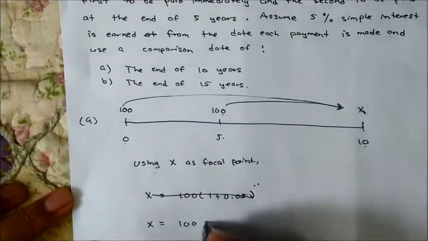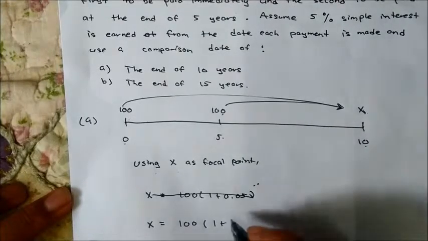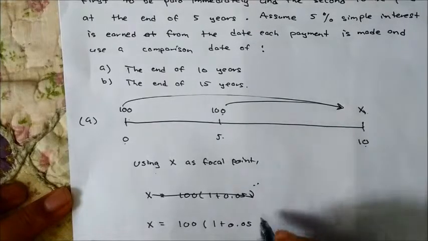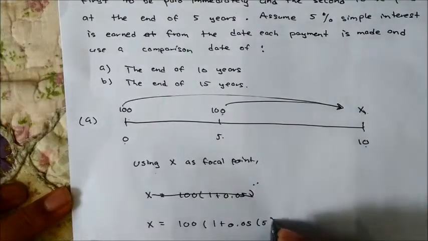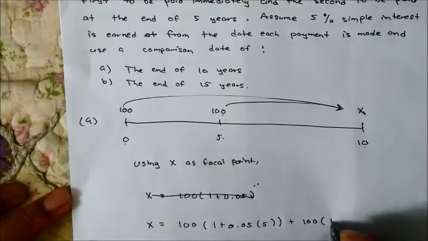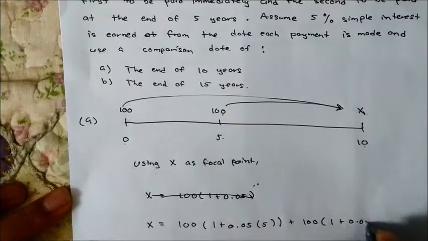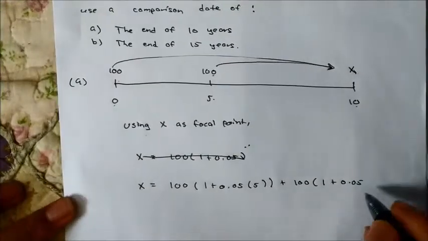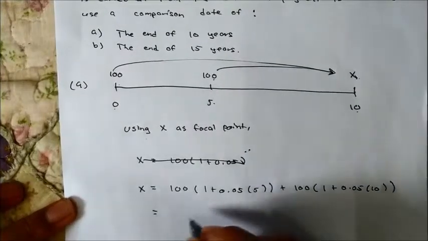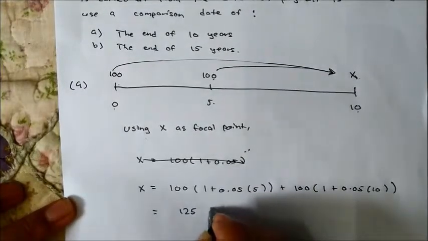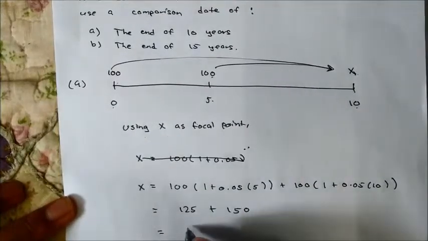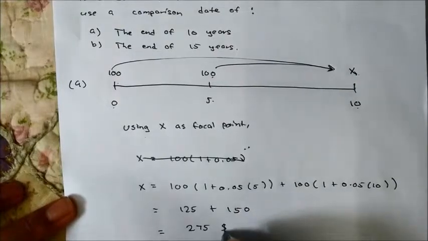So our equation is x equals 100, 1 plus 0.05 times 5, plus 100 times 1 plus 0.05 times 10. So the total of these two will become 125 plus 150, which is equivalent to $275.